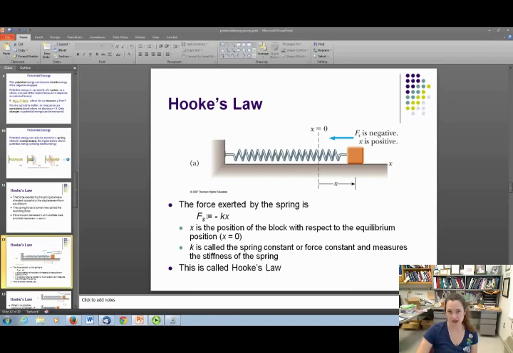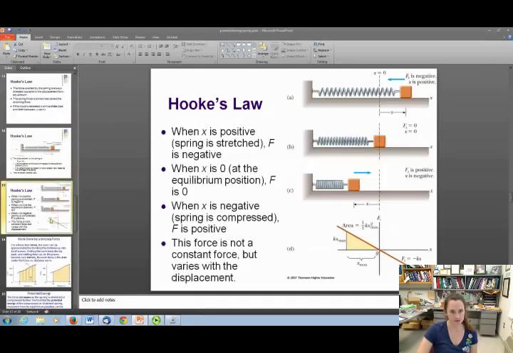And Hooke's law says that the force is equal to this constant k, which is called the spring constant, times the displacement from equilibrium, x. So when x is positive, the spring is stretched, and F is negative.